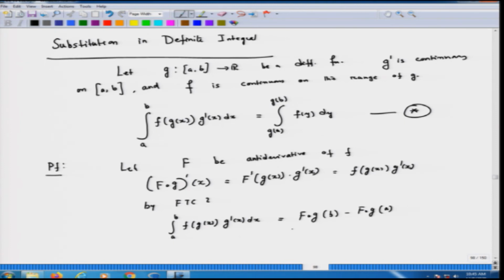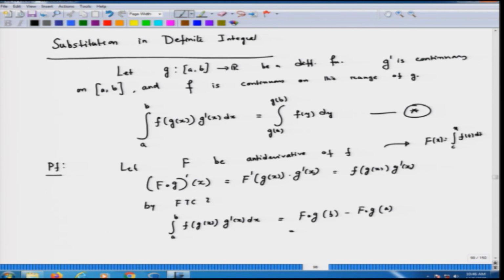So, this is precisely equal to F composed with g at b. Let us say F is an antiderivative of f that we are taking. So, F of x is equal to the integral from c to x of f of t dt.